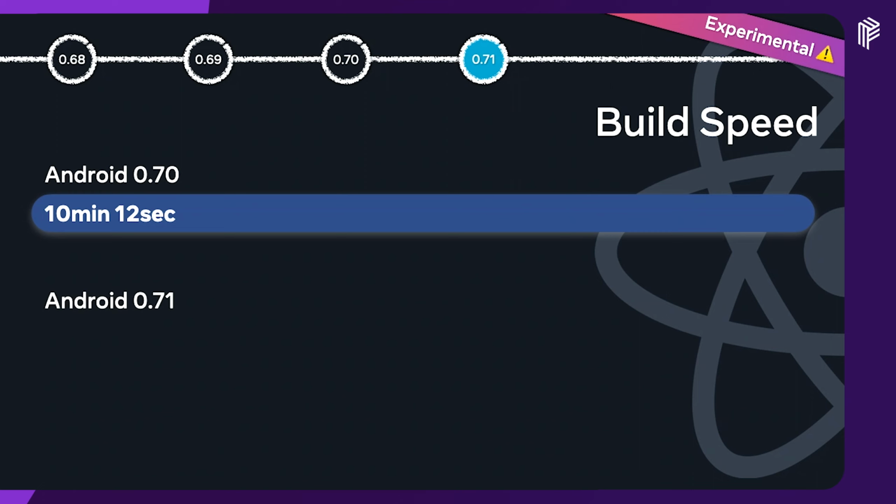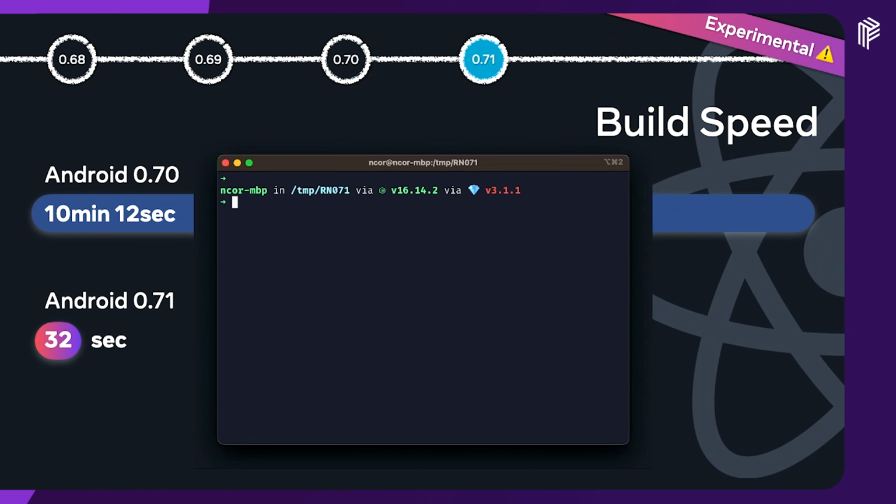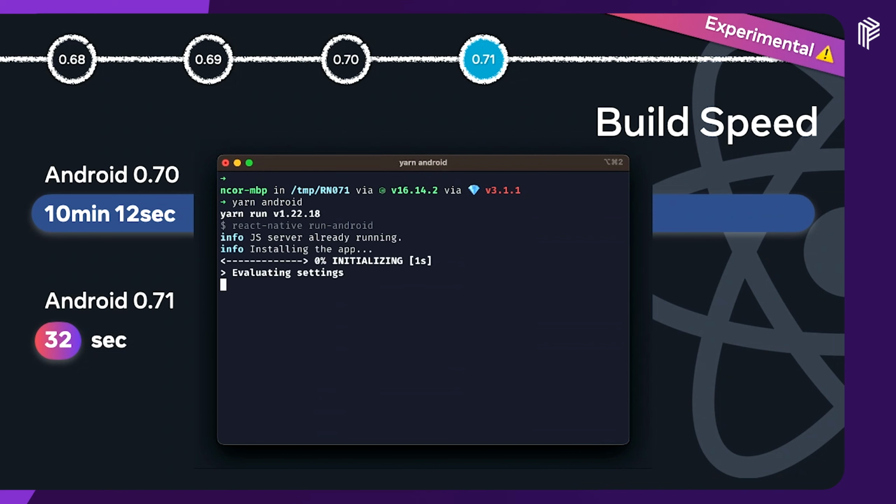So yeah, it's experimental for a reason. React Native 0.71 brings this down so much. A cross-architecture build is 32 seconds. And it's so fast that it allows me to run a build in a slide and let it run, because it will finish before I finish presenting the slides.